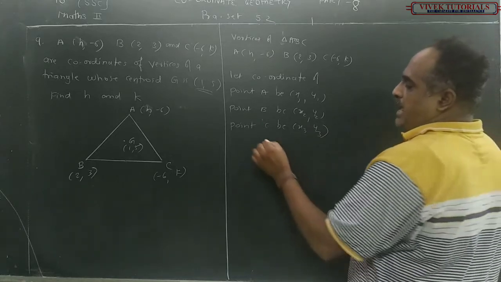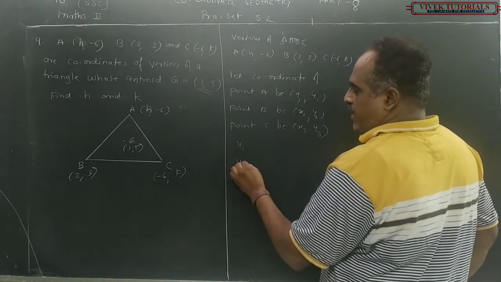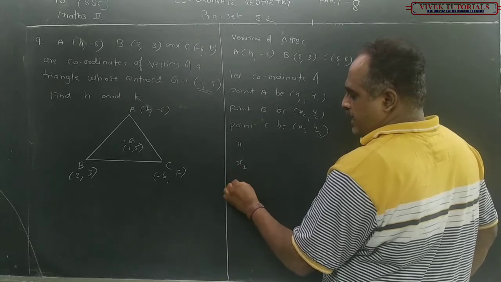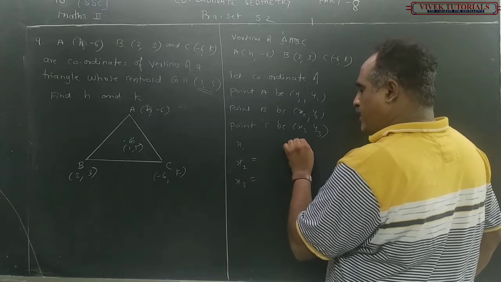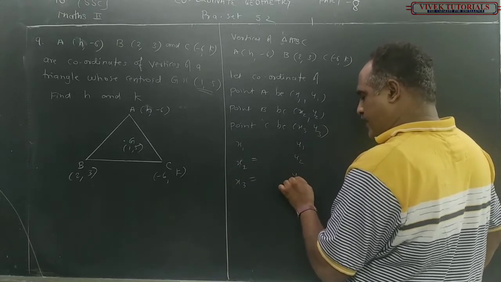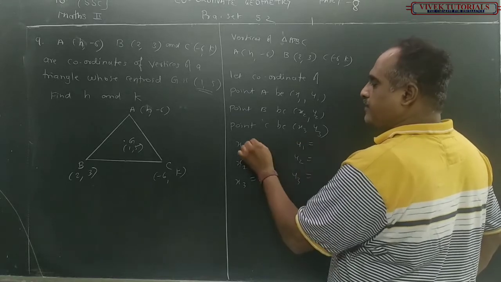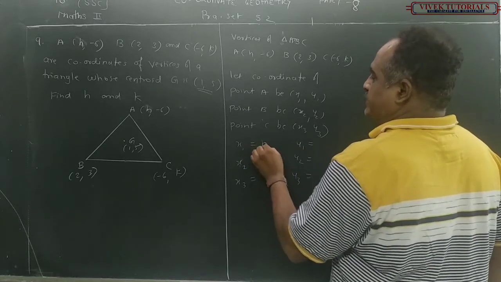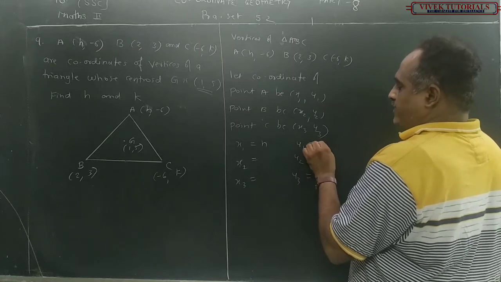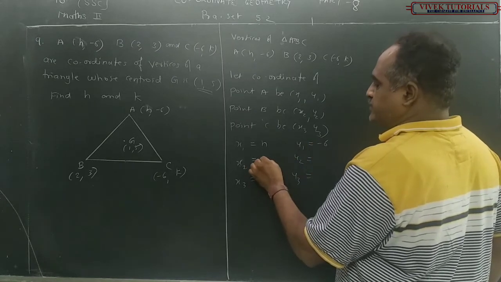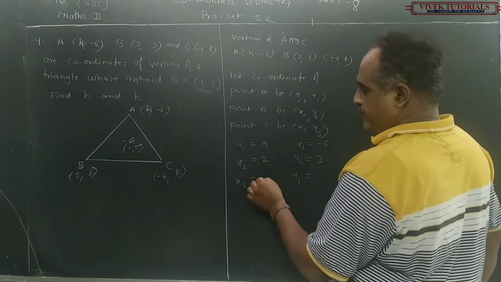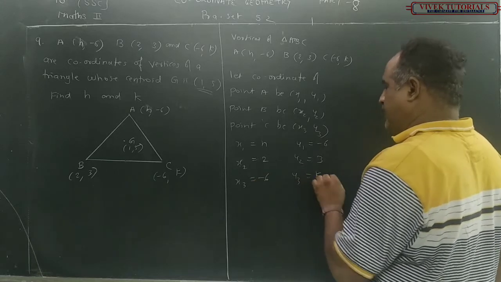So x1 is h, y1 is -6, x2 is 2, y2 is 3, x3 is -6 and y3 is k.